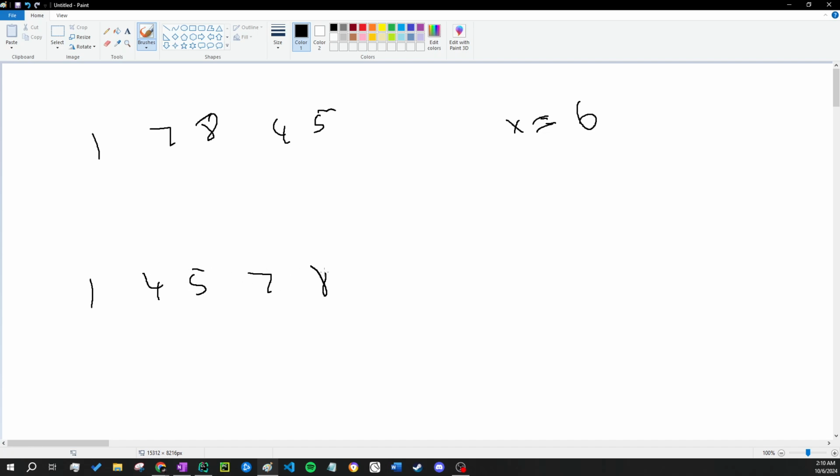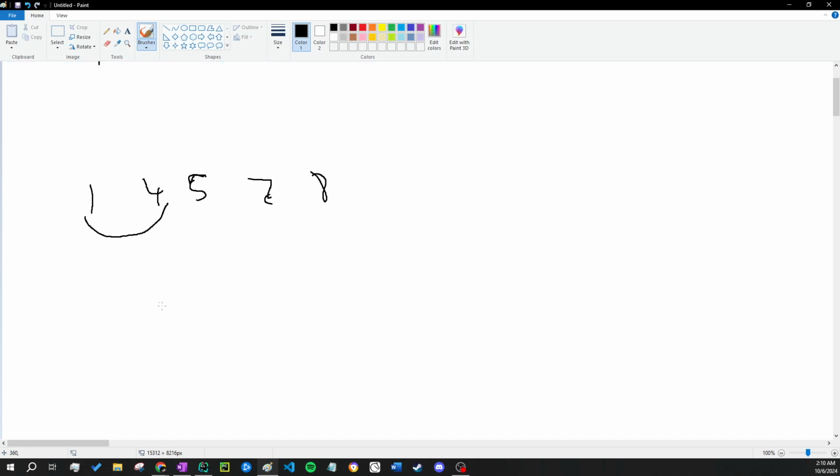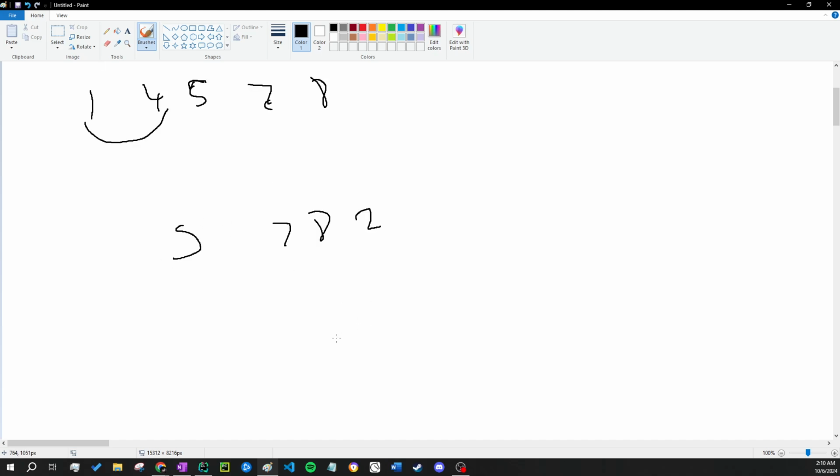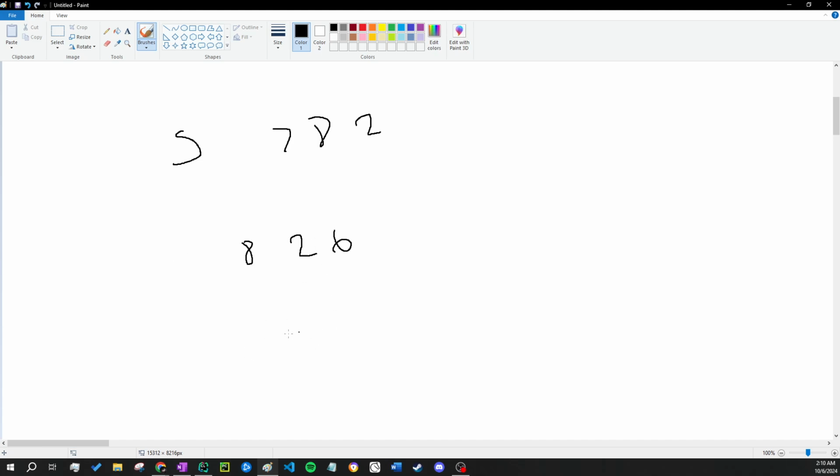But let's make things easier and just sort it for the time being. Let's do this first: 1 and 4 gives 5. Then 5, 7, 8. Then 4 gives 2, 5, 7, 12. Then 8, 2, 6. 2, 6, 8, 8, and 4, 8, 4, 16, 26.